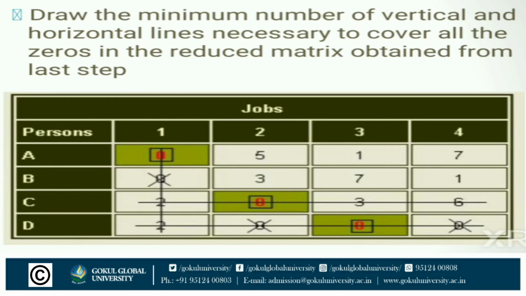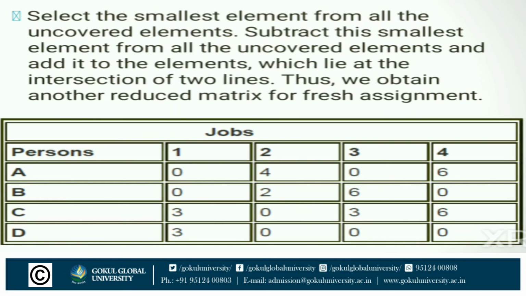Then subtract 1 from all uncovered entries and add 1 at the intersection of row and column. So we can give this table. All entries of this table are 0 4 0 6 0 2 6 0 3 0 3 6 3 0 0 and 0. Now we can draw the horizontal or vertical lines again.